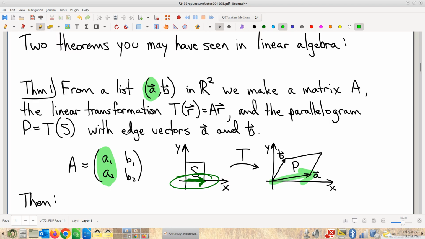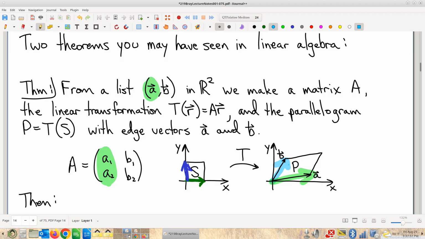So, the first edge of the unit square goes to the first edge of our parallelogram, and likewise the second edge of our unit square goes to the second edge of our parallelogram, and then you can make a linearity argument.